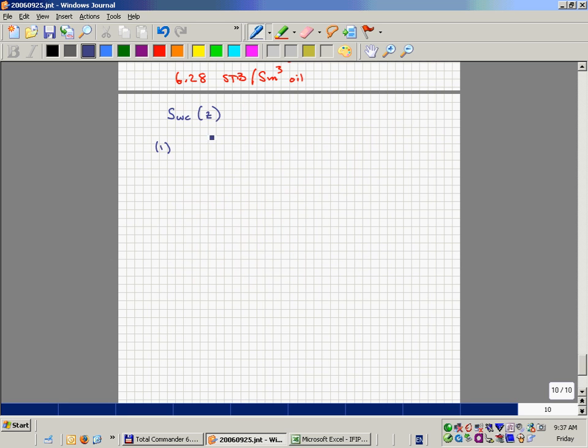For medium to high permeability reservoirs, and we're talking probably greater than 10 to 100 millidarcies, which is most of the fields in Norway.